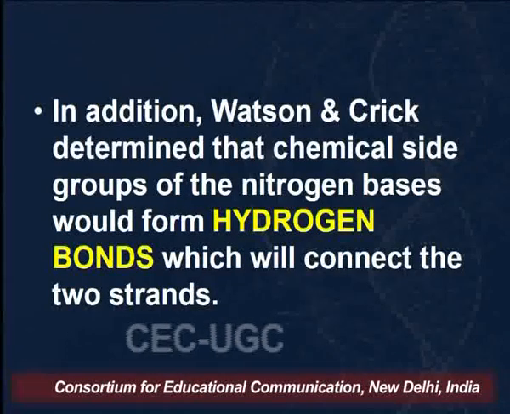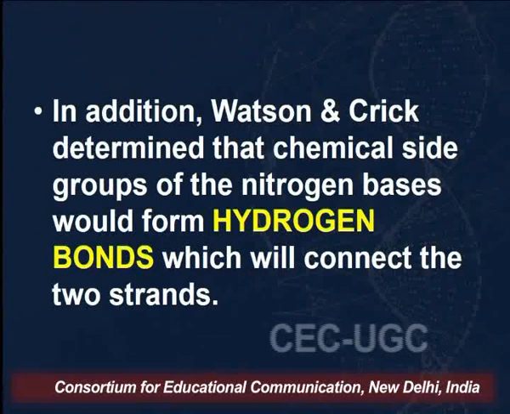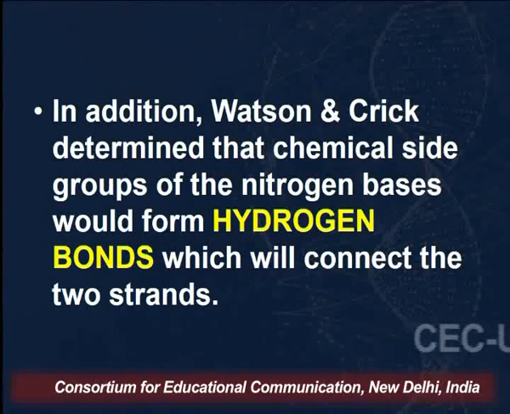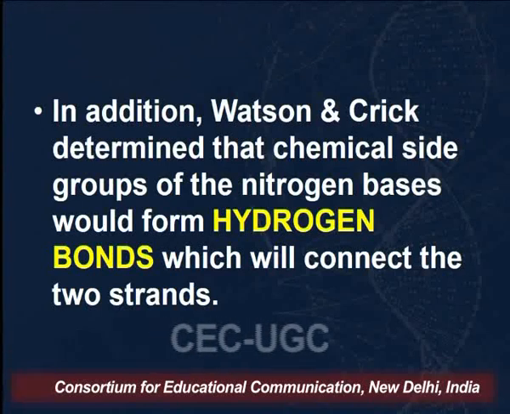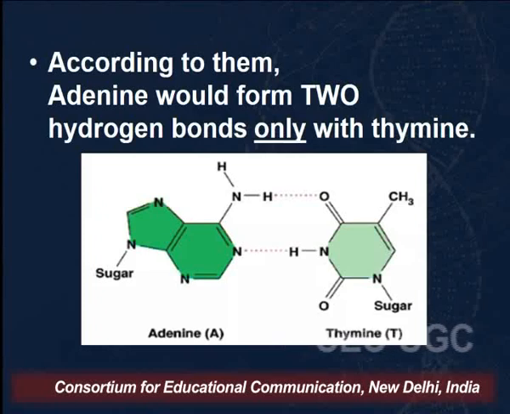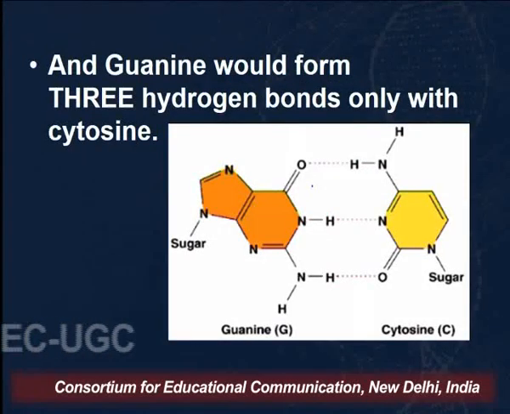In addition, Watson and Crick determined that chemical side groups of nitrogen bases would form hydrogen bonds, which connect the two strands. According to them, adenine would form 2 hydrogen bonds only with thymine. So, the linkage is going to be between adenine and thymine.